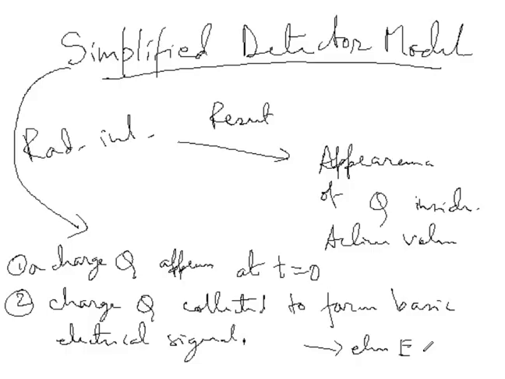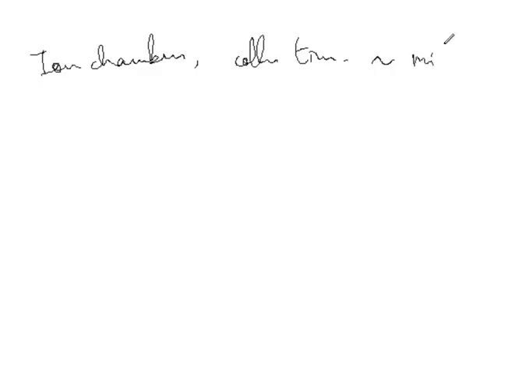For example, in ion chambers, the collection time can be of the order of a few microseconds, even milliseconds.